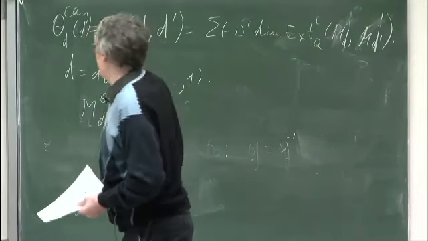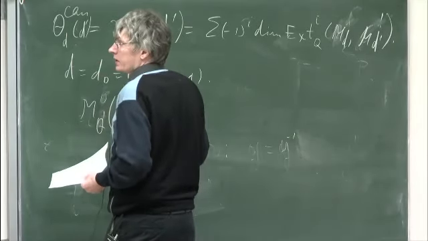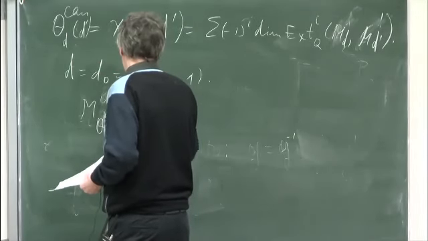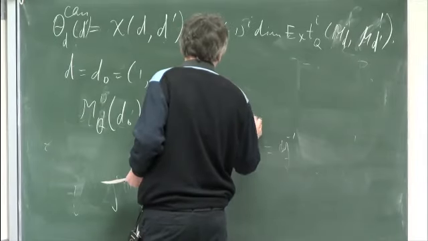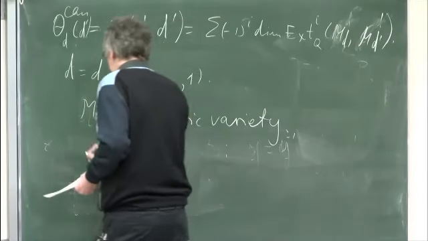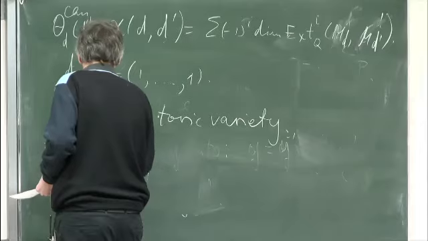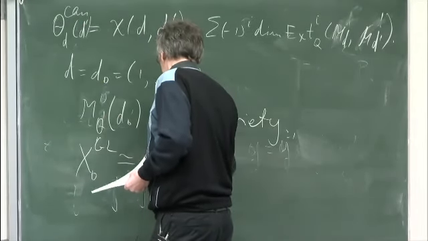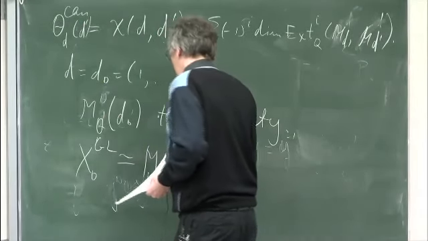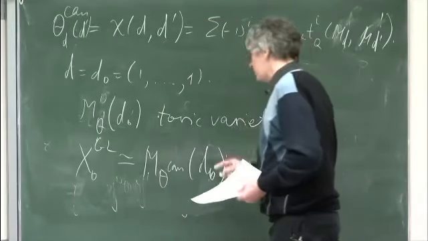For any theta, not only for the canonical one, this M theta d0 is a toric variety. Now the claim is that this X0 GL toric variety is actually this M theta canonical for d0 for some choice of quiver Q.